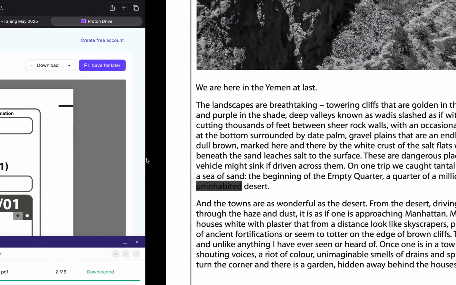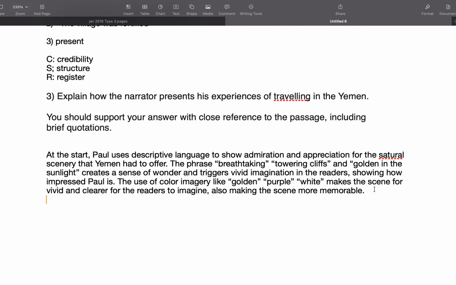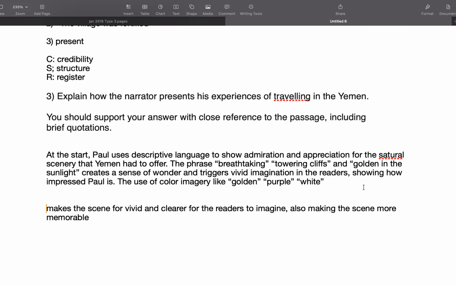Let's add this over here. Let's review how the color image makes it memorable. We can add a little bit more here if you want. You can say it makes it seem more memorable. Let's change this. Say also highlighting the scene. Let's change this, it sounds really boring and mundane, if anything monotonous.